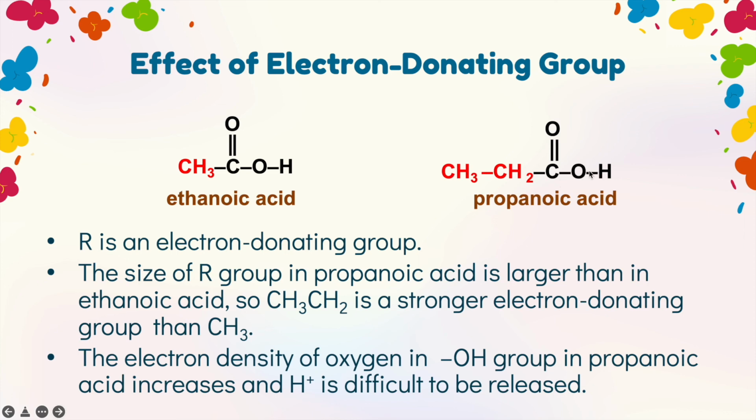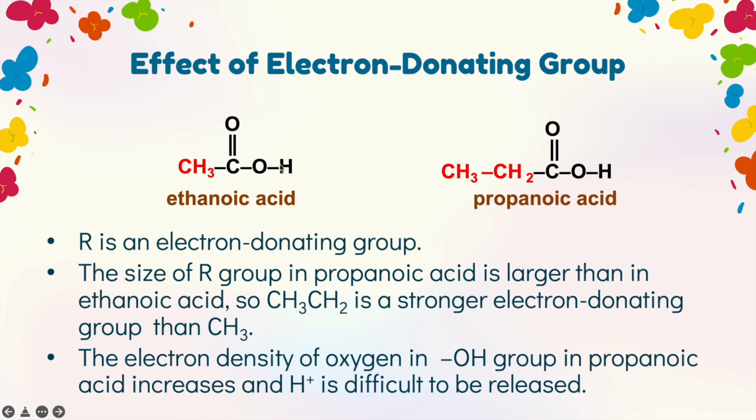So the electron in here between OH is higher. So the OH bond here is stronger. When the OH bond here is stronger, it is difficult to release the H+. When it is difficult to release the H+, this is less acidic.